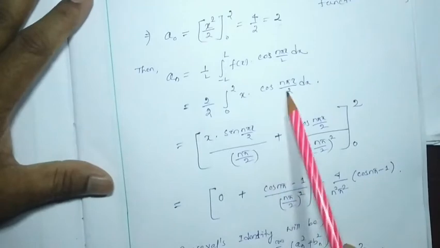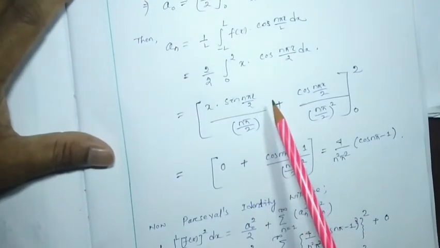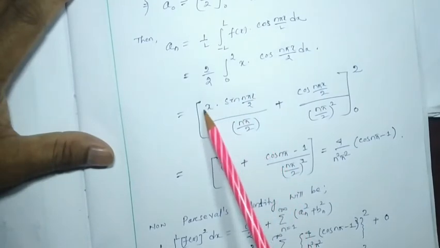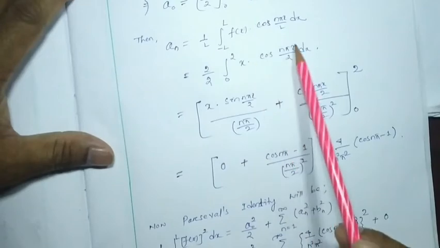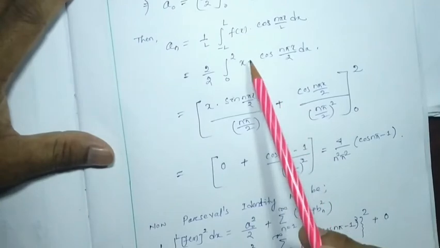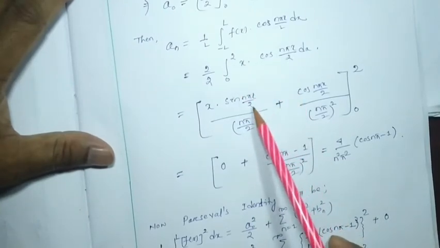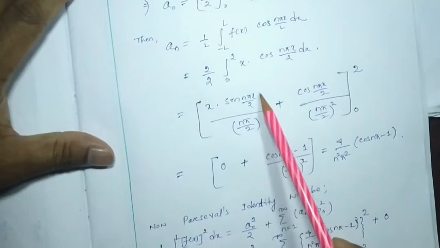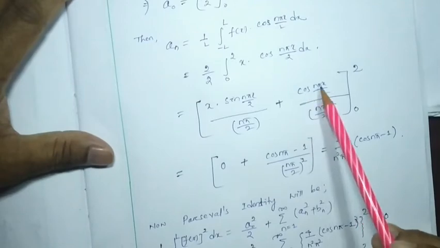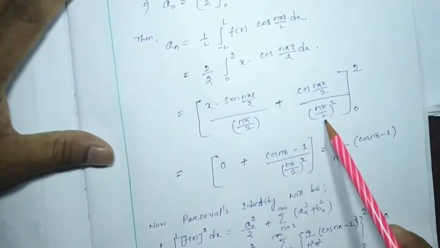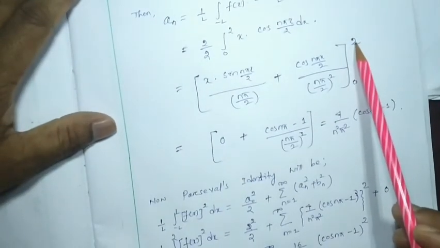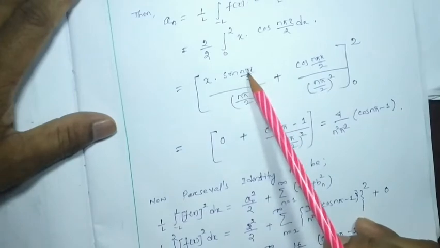Integrating this by the Kronecker method, it will be x into sin(n pi x by 2) by n pi by 2, here g(x) was cos(n pi x by 2), and minus g dash x will be 1, and integration of this one will be cos(n pi x by 2) by (n pi by 2) square, with limits 0 to 2, and if we put 2 over here, then it will be n pi, which will be equal to 0.